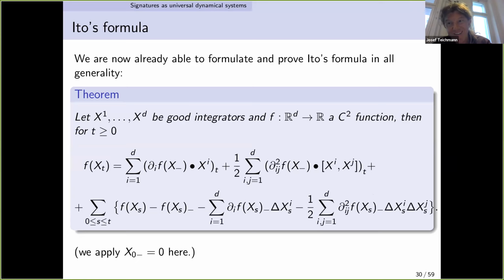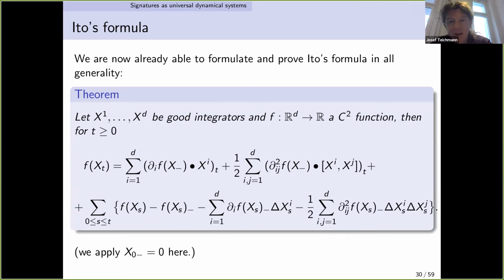Notice that I use here a very, very condensed notation. For instance, I use the following thing, that the minus process at 0 actually is 0. Therefore, I don't have to write here the initial value f(x0). It just appears when I look at the first summand here at 0, because then only f(x0) survives. And otherwise, I use the dot notation, which allows me to leave away all those integral signs, which usually hang around when you write down Ito's formula.